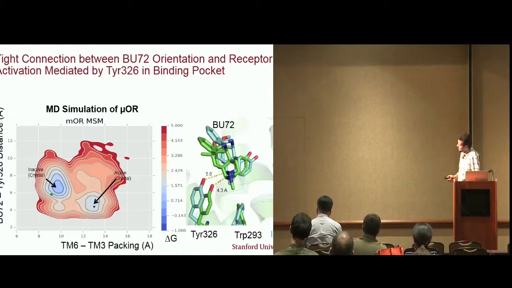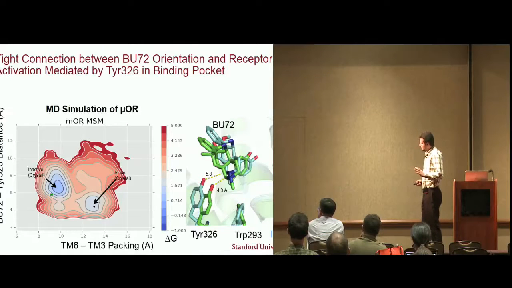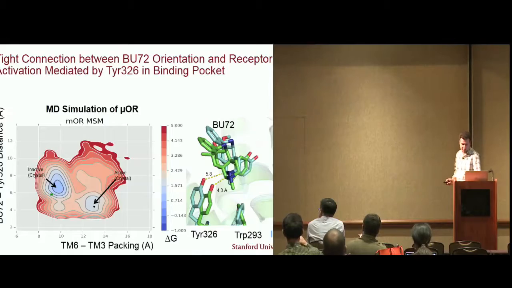And as you can see, when the ligand is present there, there's a kind of lock-in behavior in the ligand, which goes and sits here. It adjusts itself to the neighboring residues, which is tryptophan 293. And there is an interesting phenomenon with the tyrosine 326, which is moving and aligning itself toward the drug.